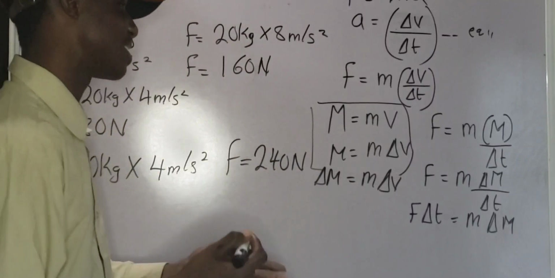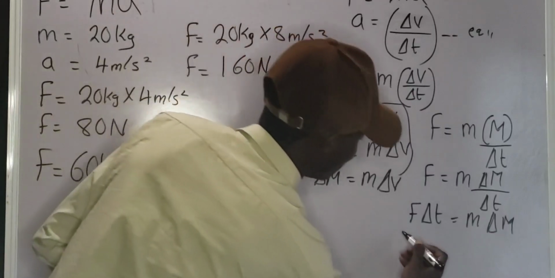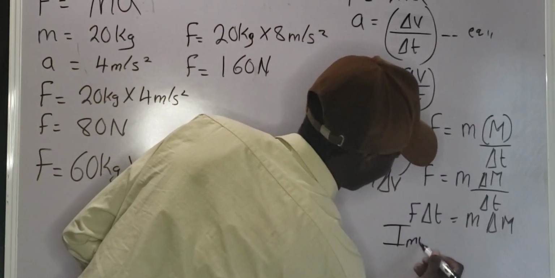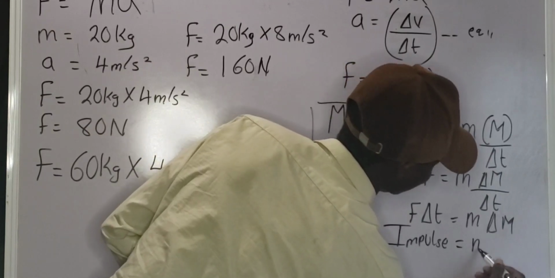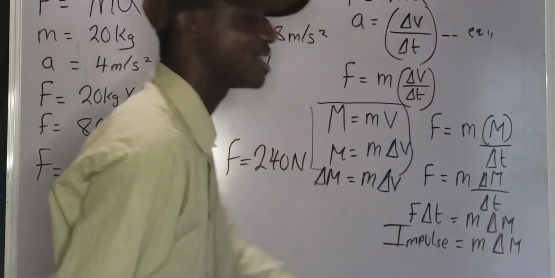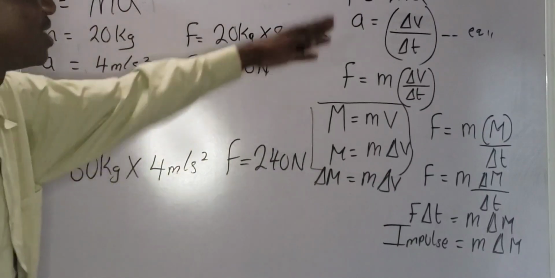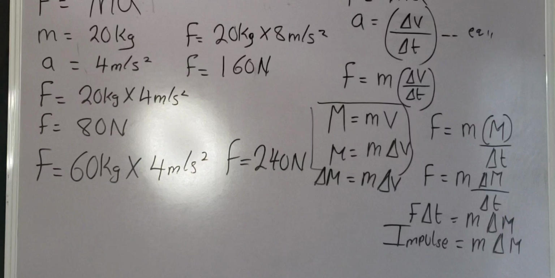Impulse. Impulse is the product of force and time. So impulse is equal to change in momentum. So you can see the relationship between impulse and momentum as described by Newton's second law of motion.